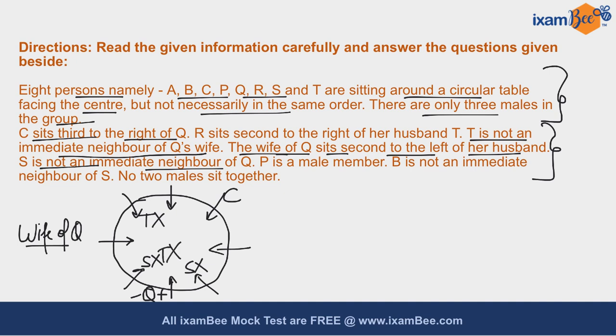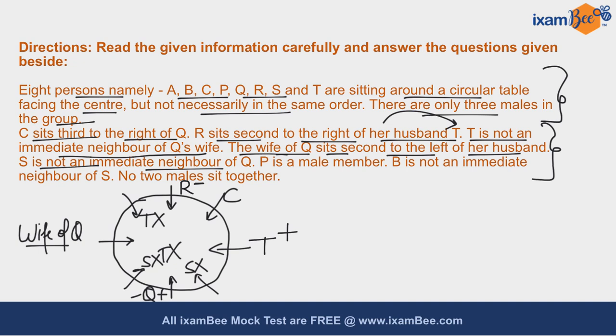Now it is given to you that R sits second to the right of her husband T, which means R is a female member because her husband T is a male member. Basis on these statements, I can place R over here and T over here, because you cannot place both of them anywhere else. So these are the only possibilities left for them.